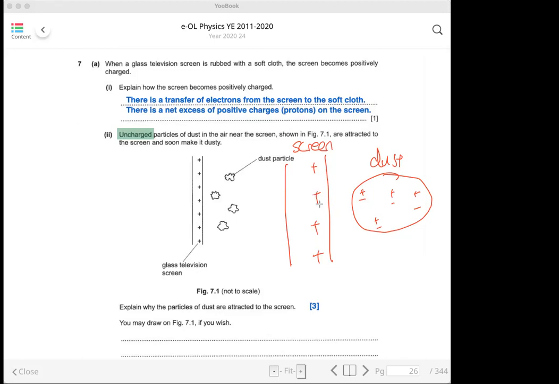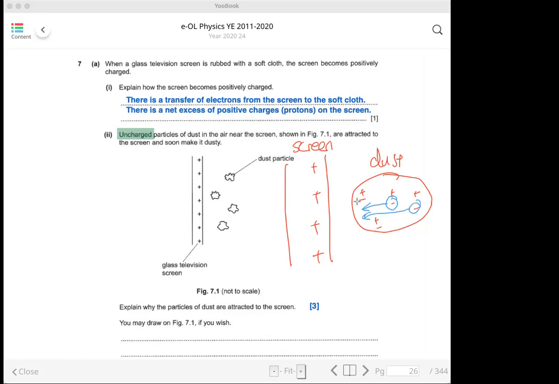Since the positive cannot move, how will the positive and the negative react? They are unlike charges, so they will attract. So what actually happened is, within the dust, the negative will be attracted to the left.